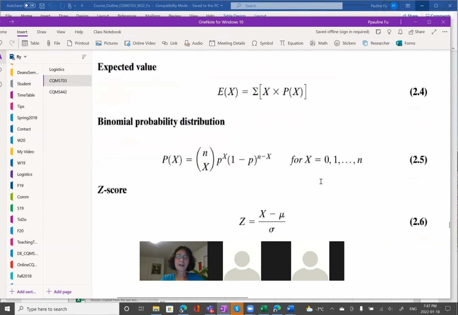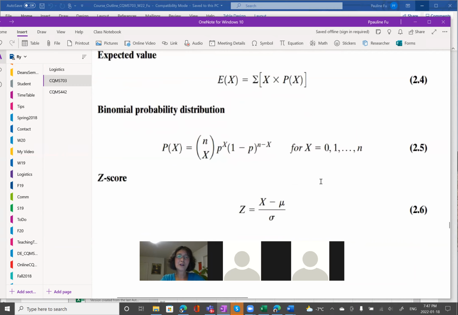We talked about the expected value and the binomial probability distribution. Binomial probability distribution deals with a situation where you only have two outcomes. For example, after you graduate, you either find a job or you do not find a job. Right now, you either have a student loan or you do not have a student loan. Or you are either a domestic student or an international student.